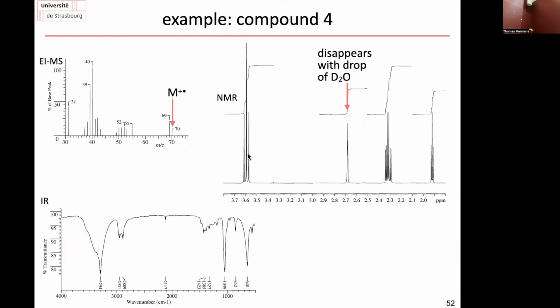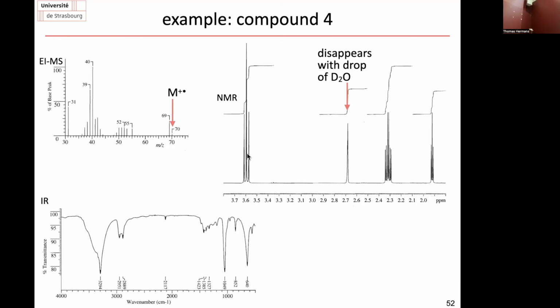Then if we look in the NMR, we have a singlet here. And as additional information, it's written that this singlet disappears when you add a drop of D2O. In the last class, we saw that if you have compounds that can have deuterium exchange, that signal disappears. So OH plus D2O gives deuterium exchange.